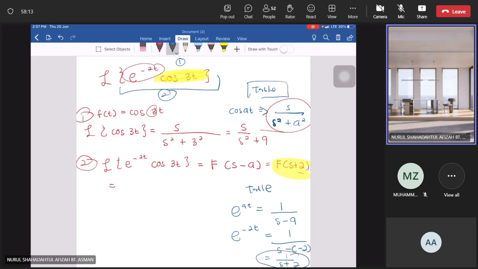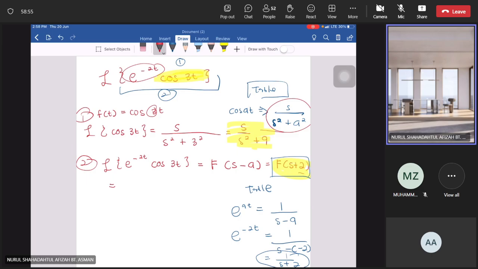So you take this value and then transform it to this one. Yeah, then we continue. So our function for f(s plus 2), just substitute the value that you get from here, the first theorem.